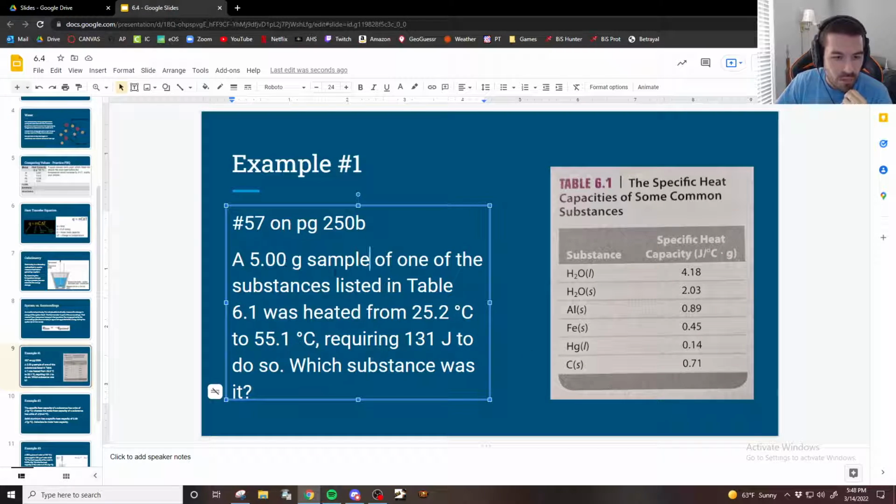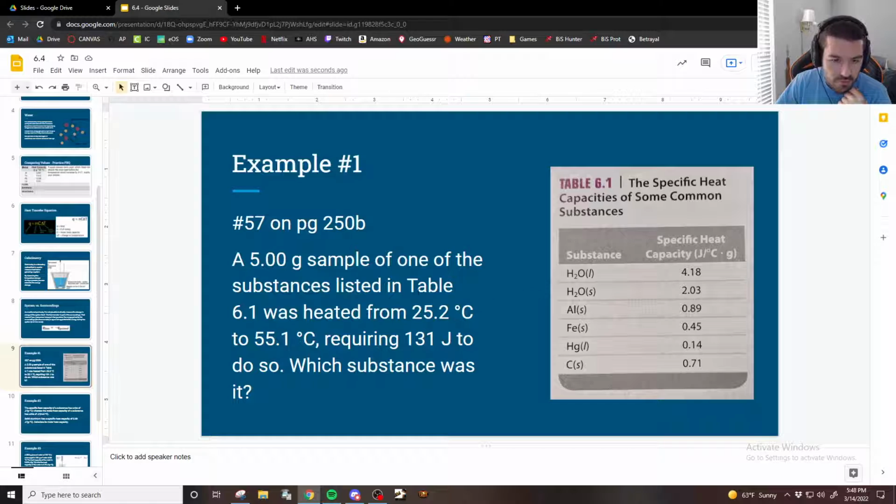It was heated from 25.2 degrees Celsius to 55.1 degrees Celsius, requiring 131 joules to do so. Which substance was it?